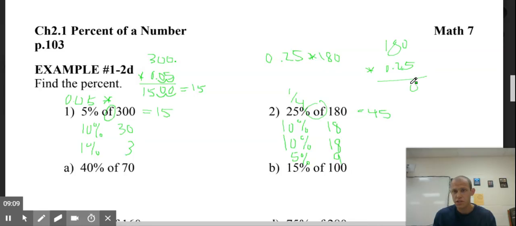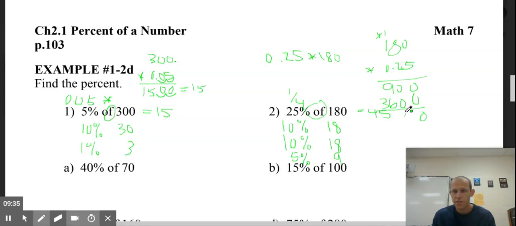5 times 0 is 0. 5 times 8 is 40. Carry the 4. 5 times 1 is 5, plus 4 is 9. Add my 0 because I'm starting in the tens spot now. So 2 times 0 is 0. 2 times 8 is 16. Carry the 1. That 4 is no longer there. 2 times 1 is 2, plus 1 is 3.